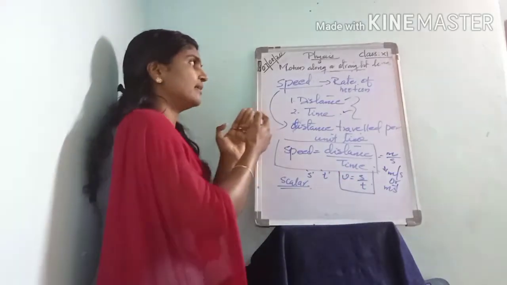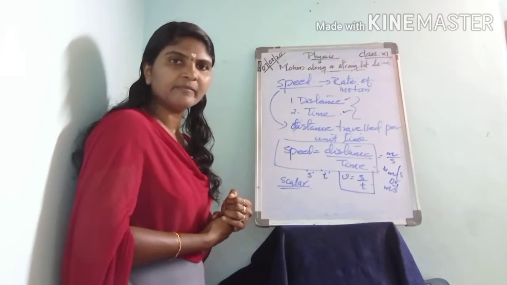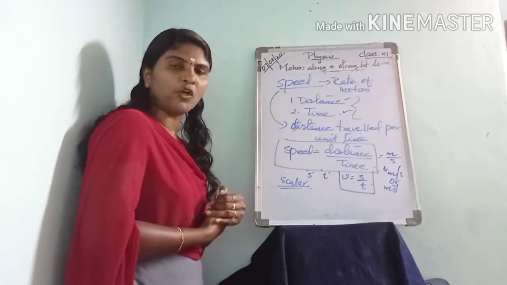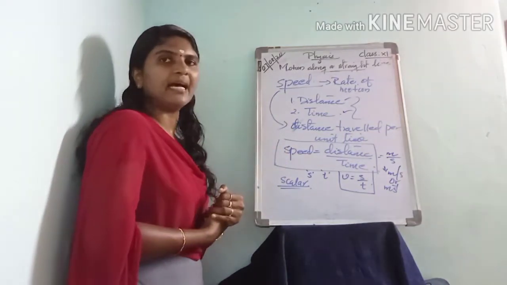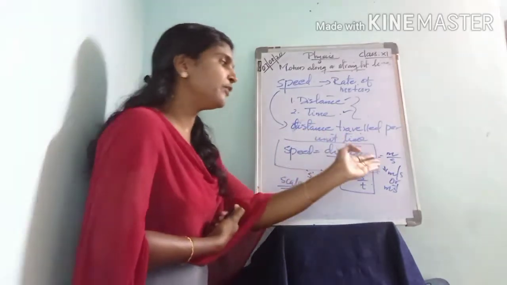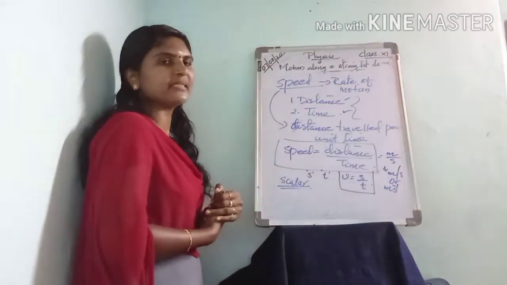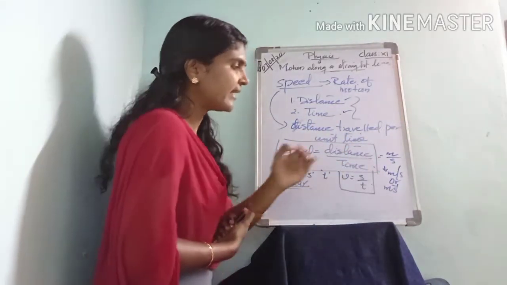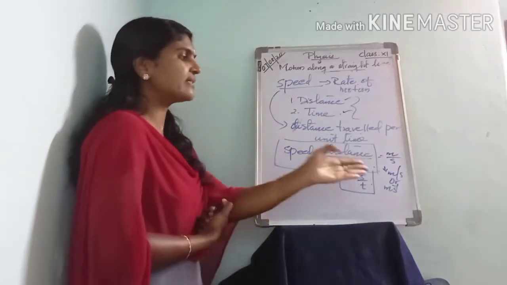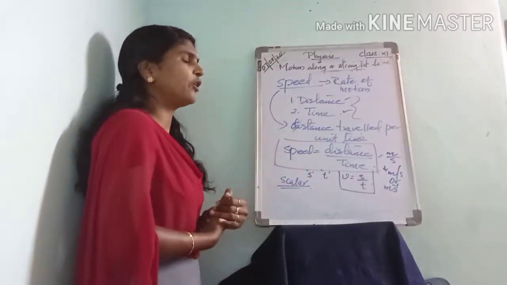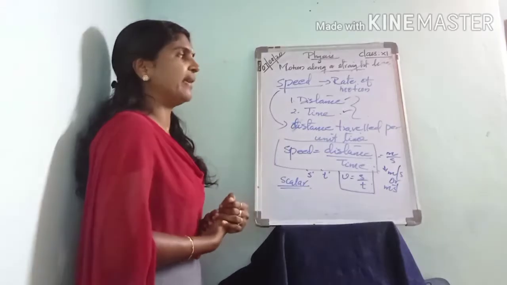Is speed a scalar or a vector? It is a scalar quantity. Then what is the unit of speed? Meter per second or meter second raised to minus 1.